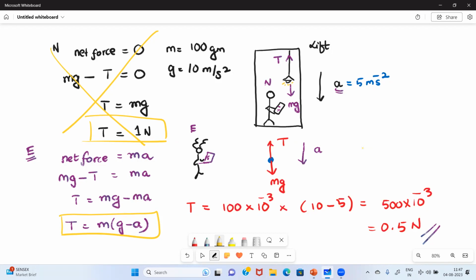Frame of reference is accelerating in which direction? Downward. Pseudo force must be taken in which direction? Upward. And that pseudo force should be equal to mass into the acceleration of that frame.